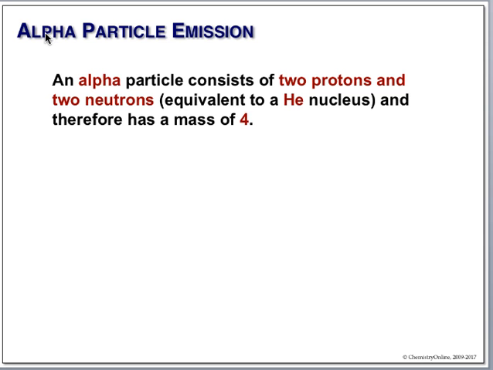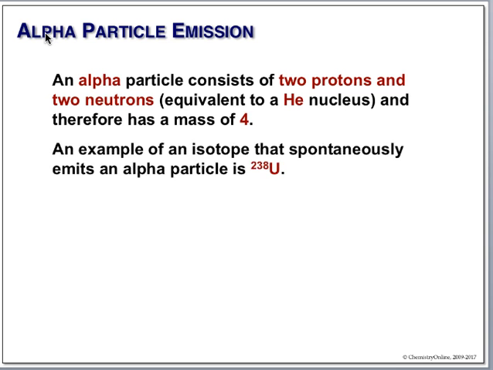All right, let's talk about these particles in general. An alpha particle actually consists of 2 protons and 2 neutrons. This is the same as a helium nucleus. Helium has an atomic number of 2 and typically a mass number of 4. So the alpha particle is essentially 2 protons, 2 neutrons.